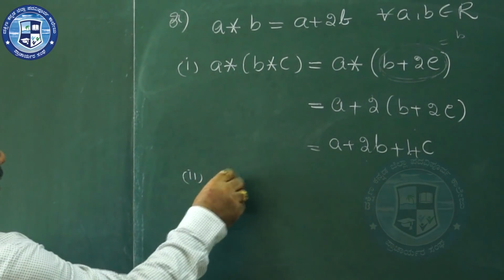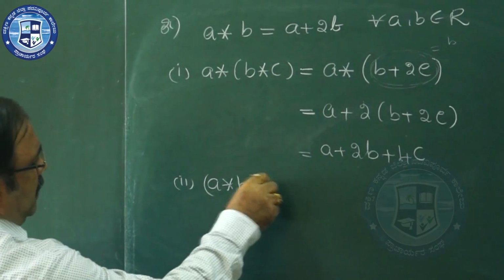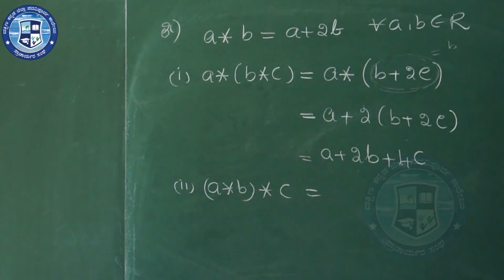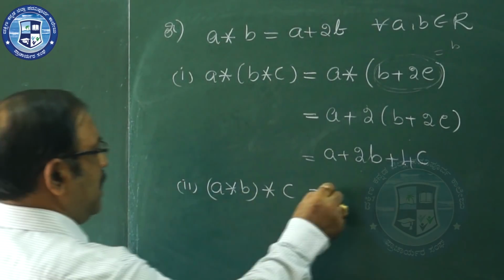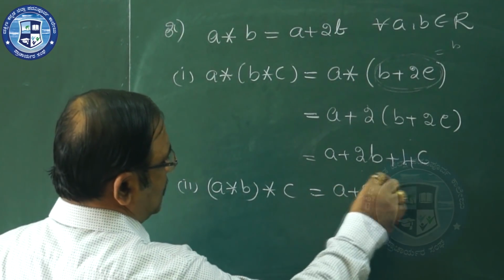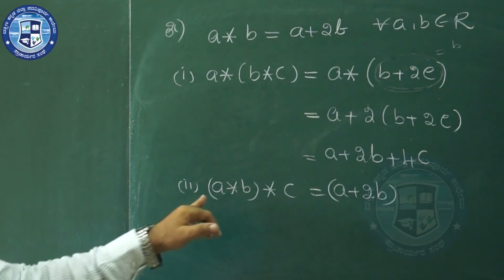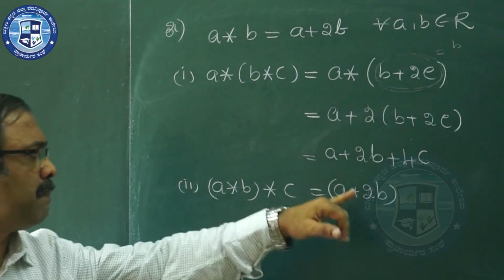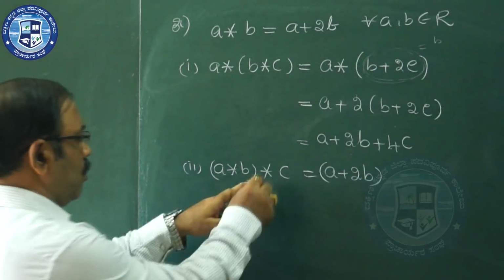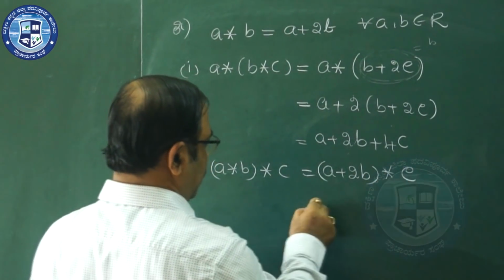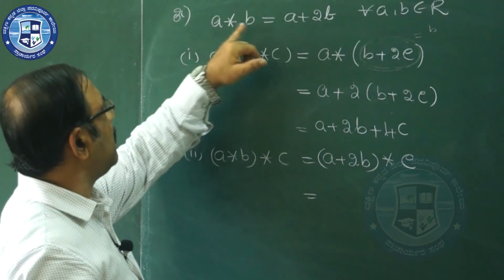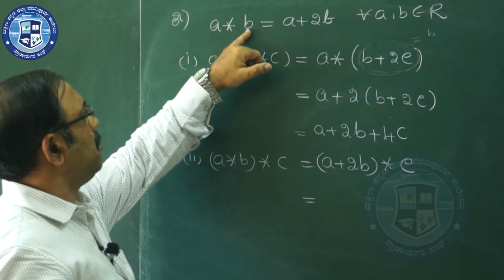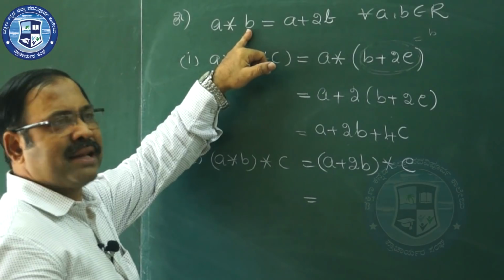Also, we have A star B star C. We did not define this. What is A star B? A star B is nothing but A plus 2B. Now, star C. By definition, A is first, B is second. How do you understand this?